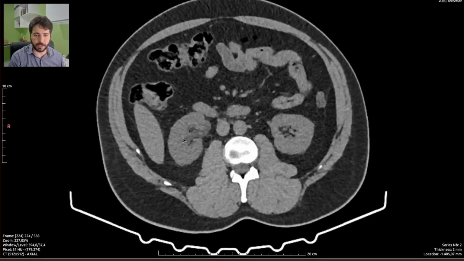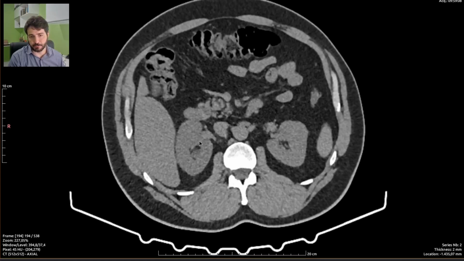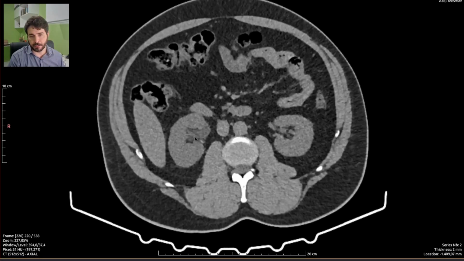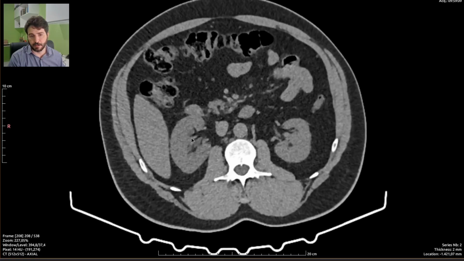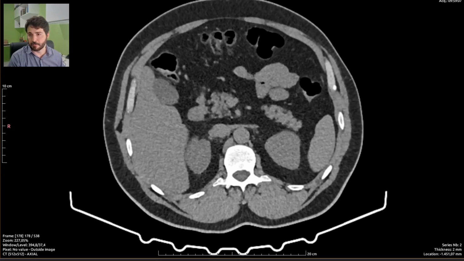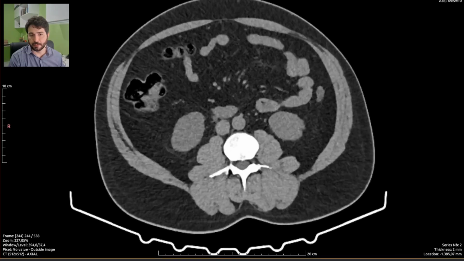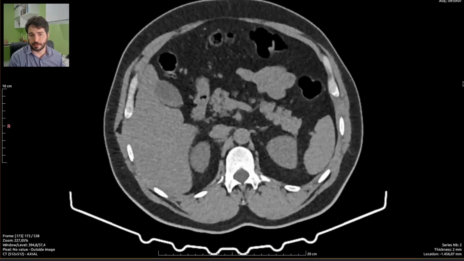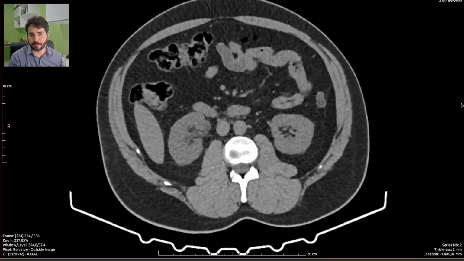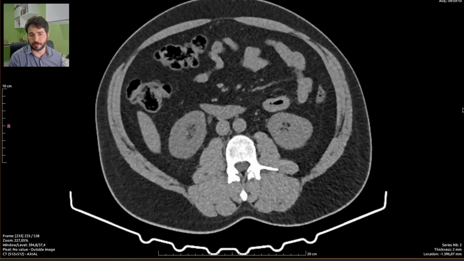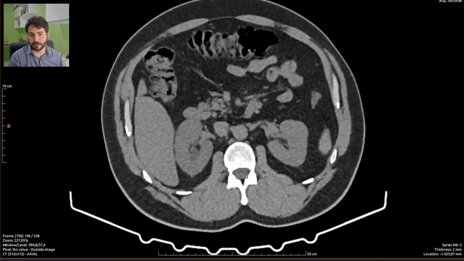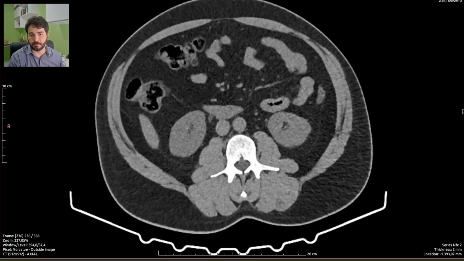We have a mild to moderate dilatation of the renal calyces, I don't know how to pronounce that, the urinary drainage system on the right.